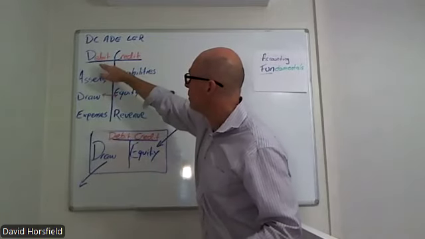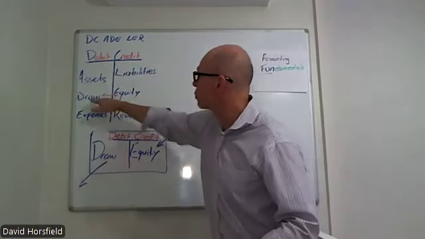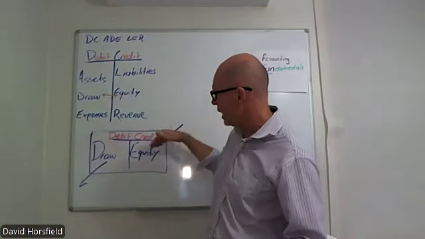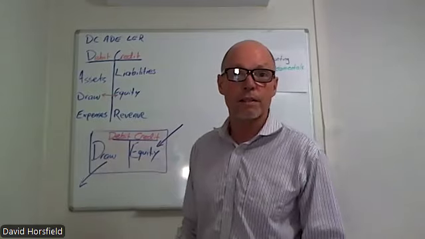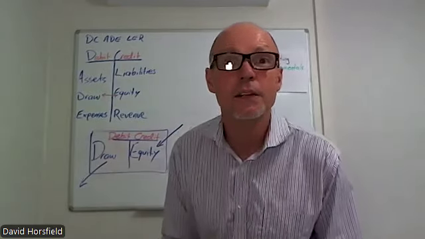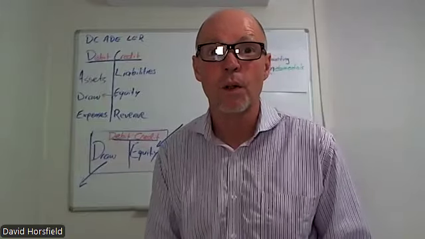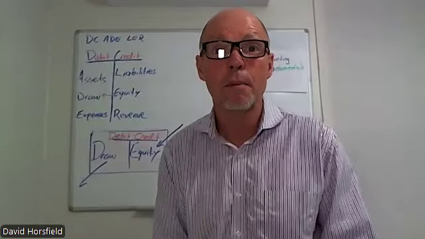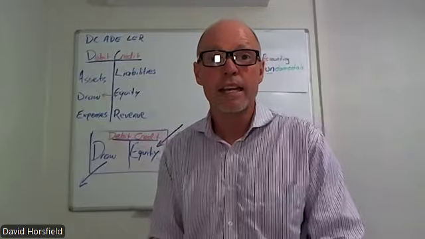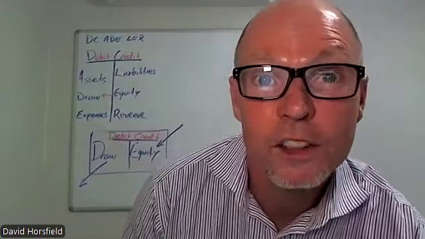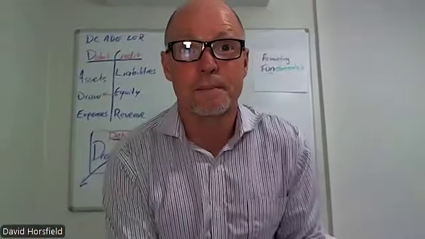Debit, credit, debit left, credit right, draw, equity have this relationship, money coming in, money going out. DC Adler, seriously, it's the secret to all this accounting and making sense of it all. We can understand it by being able to recreate this DC Adler diagram, and that's how we're going to keep it all straight throughout the entire class.